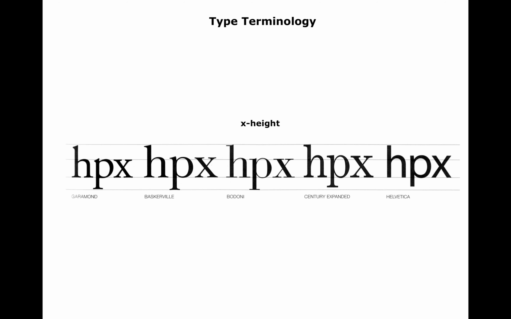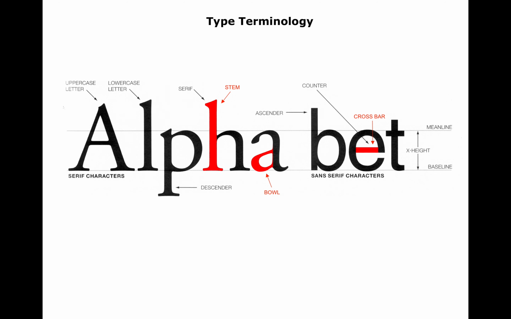And depending on the typeface, and by the way, you need to know this terminology, so know what a counter or crossbar are. The X height is the height of the lowercase letter from the baseline. The baseline is that invisible line where all the letters rest.